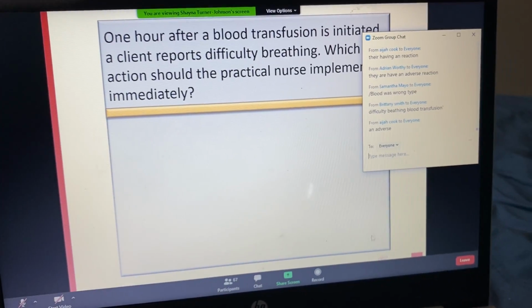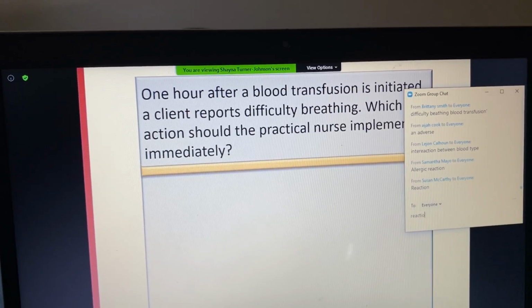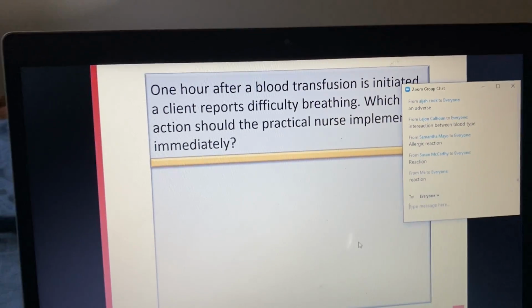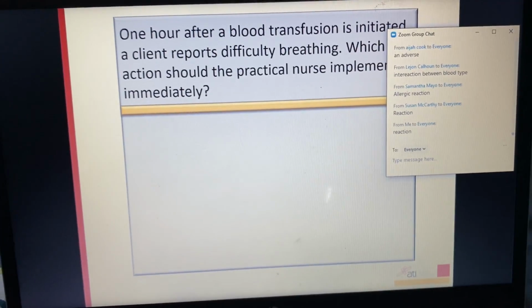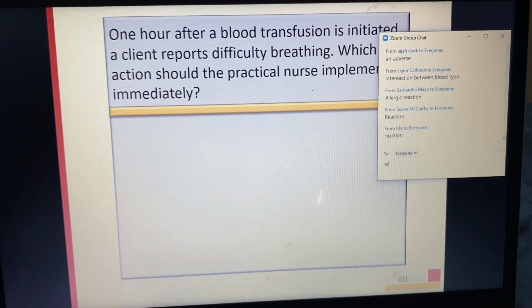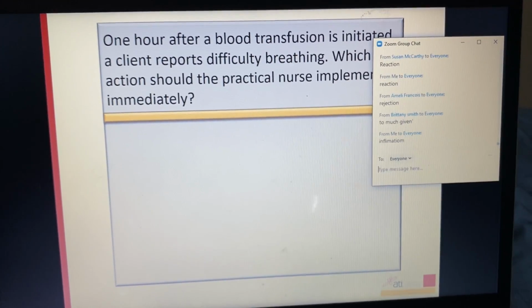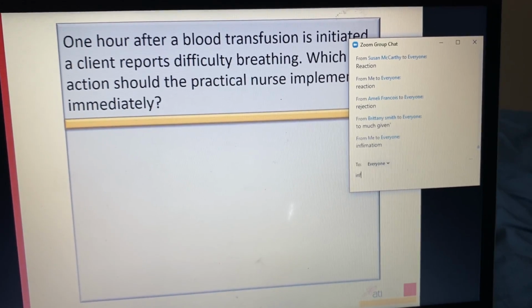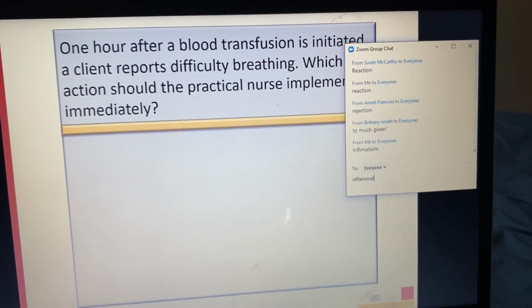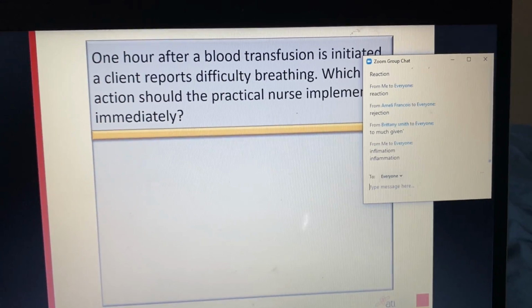Okay, so it could be a reaction. What else could it be? It also could be fluid overload. So the two complications that we see most typically are a transfusion reaction or fluid overload.